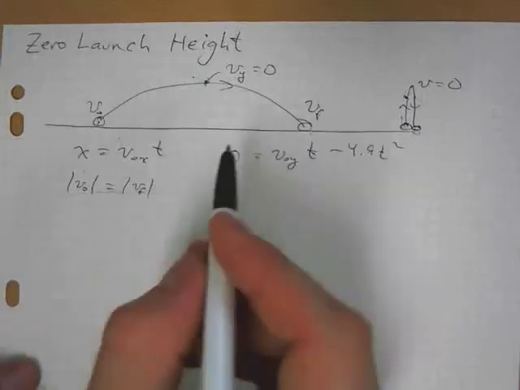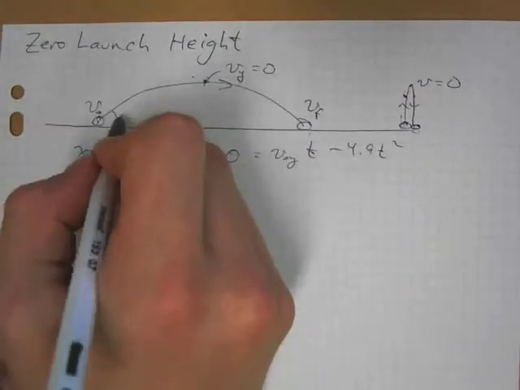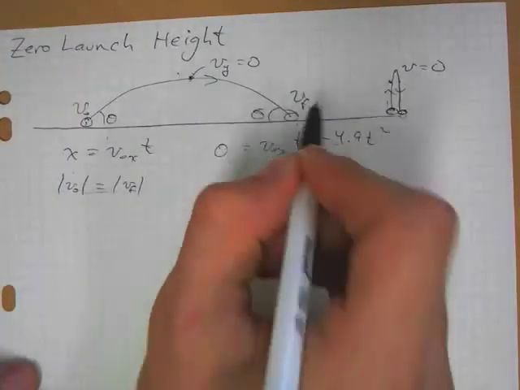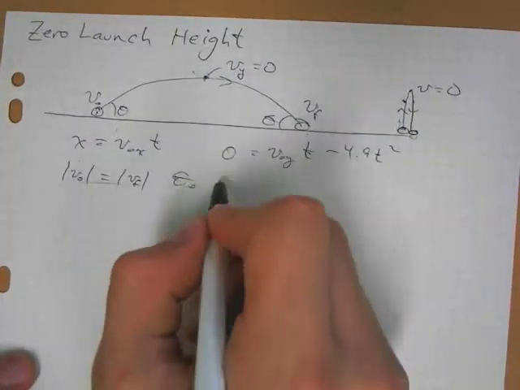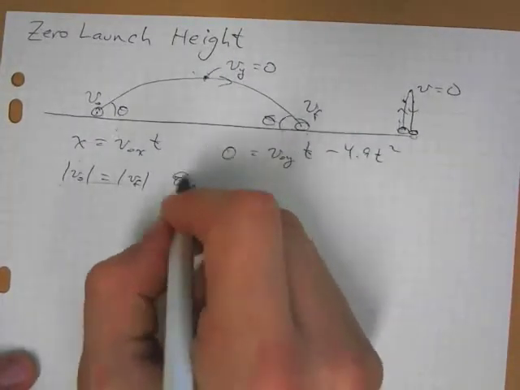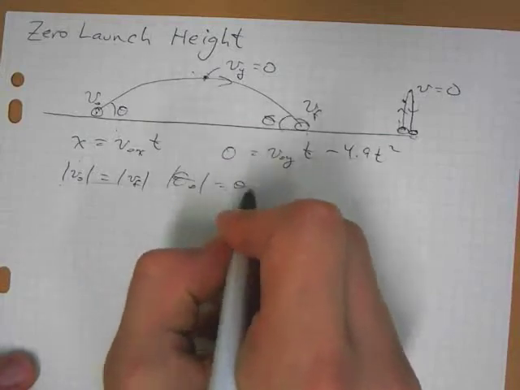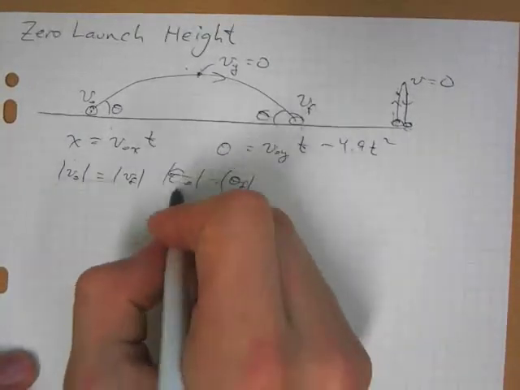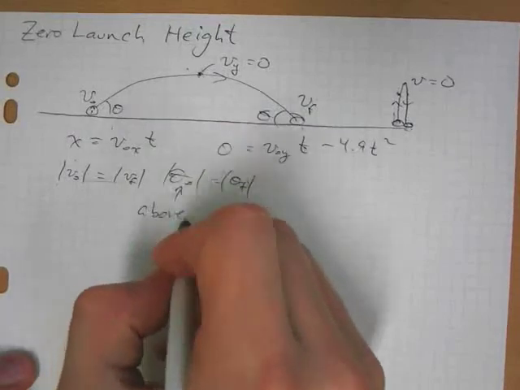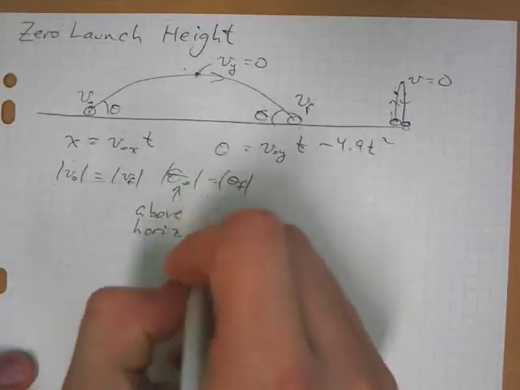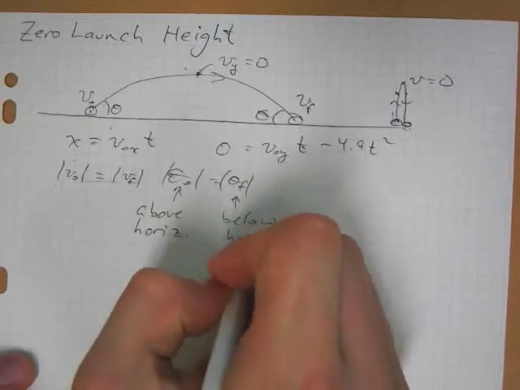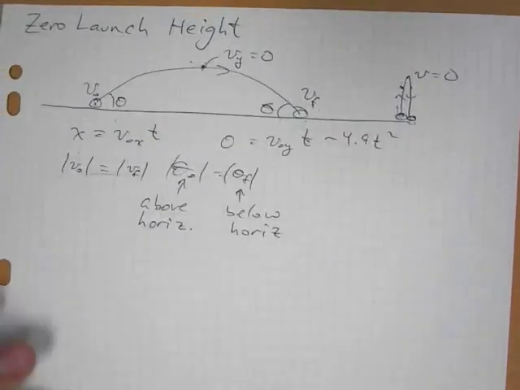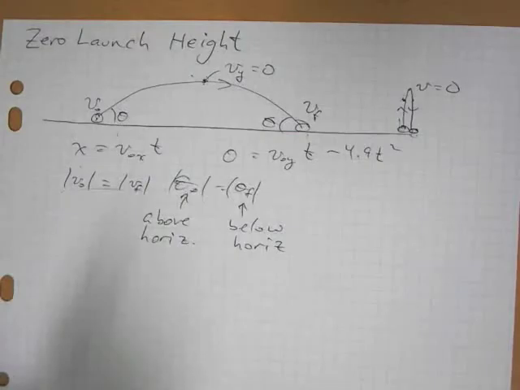And these two angles are the same: theta naught and theta final. Our initial angle is above the horizontal, and our final angle will be below the horizontal. So we can apply these equations, but there are also these symmetries we can exploit.